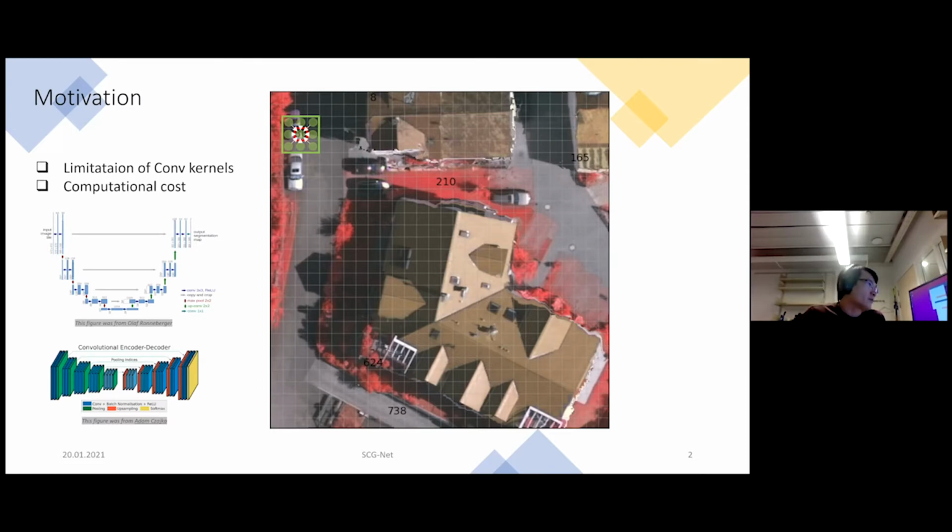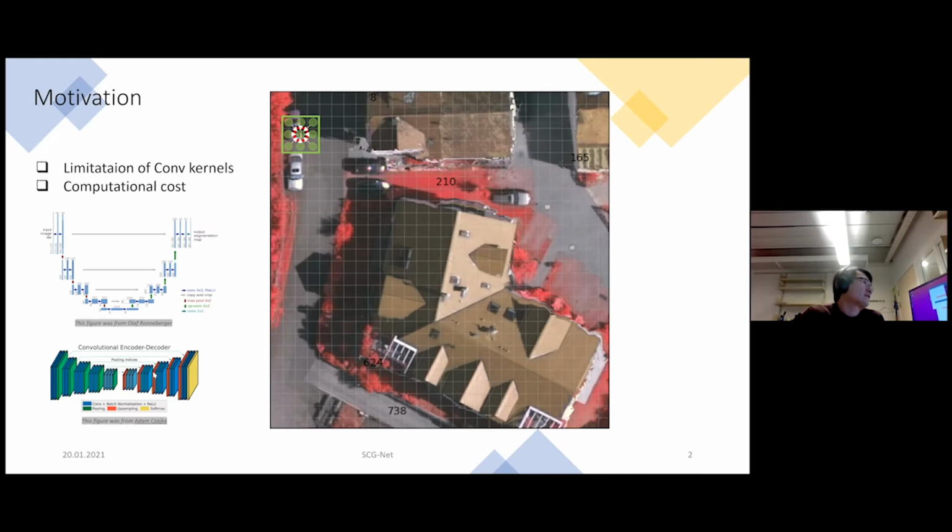So if you want to model long dependencies to capture global information, you have to stack as many convolutional layers as possible, such as in the two very famous models below, UNet and SegNet.